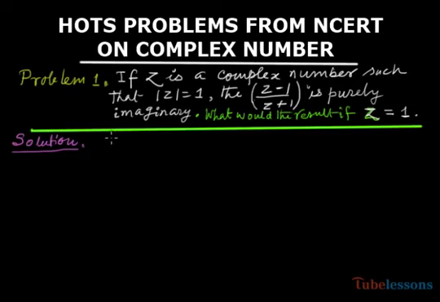Here we start. Let z is equal to x plus iy, and then mod z, the modulus of z, is equal to root over x square plus y square, and it is given that mod z is equal to 1.